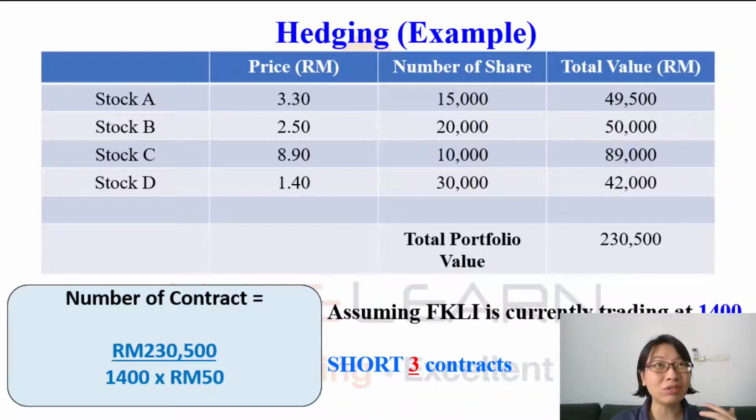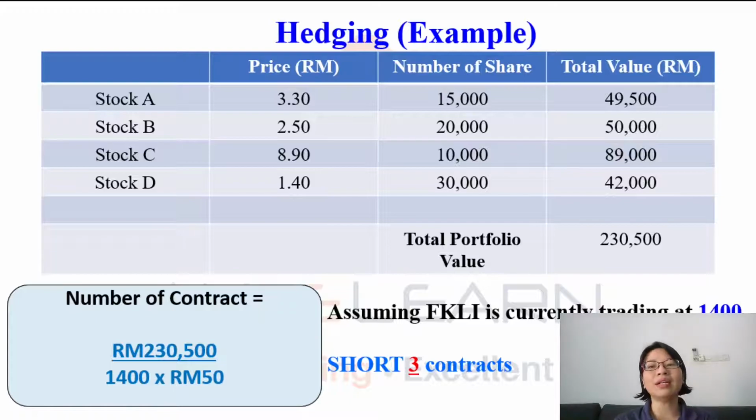The volatility is not there, the uncertainty is already clear, then we start to lift our hedge position. So when you close this position, when the market has reduced its volatility or uncertainty and we think our portfolio is safe, we can buy back the 3 contracts to close the futures contract and let our stock portfolio run as it is.